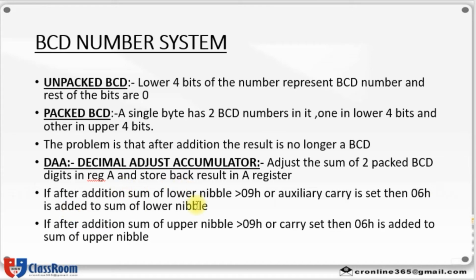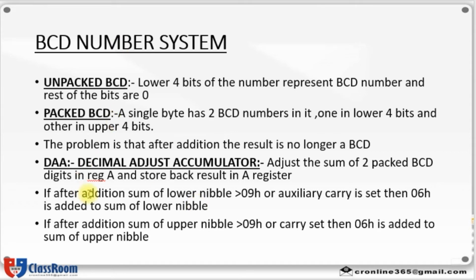For example, if we get the result 6A, that means this A is not a BCD number. A is a hexadecimal number. In that case, you have to add 06H to this lower nibble in order to make it a BCD number.